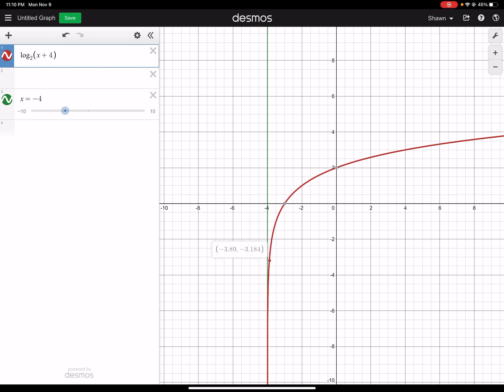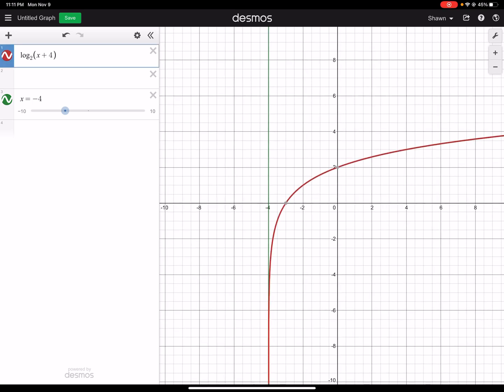So that is where the domain actually is. Notice it still goes all the way down to negative infinity out the bottom, and out the right-hand side, it does continue to grow forever and ever. So out the right, it will end up at positive infinity, and out the bottom, it will go to negative infinity fairly quickly.